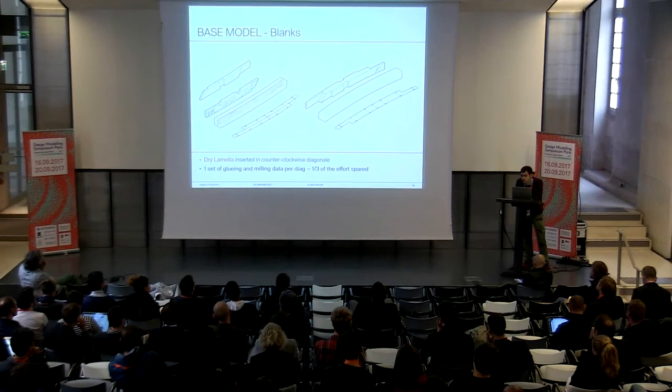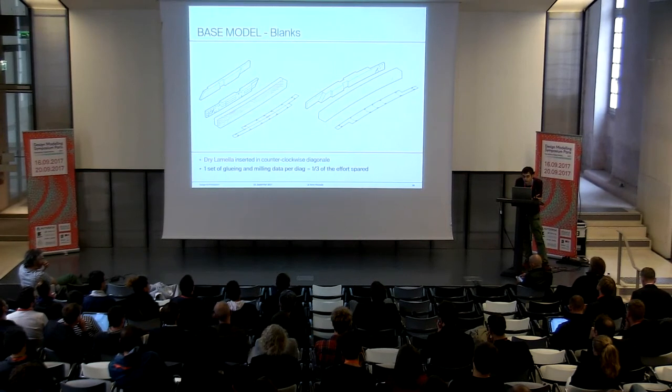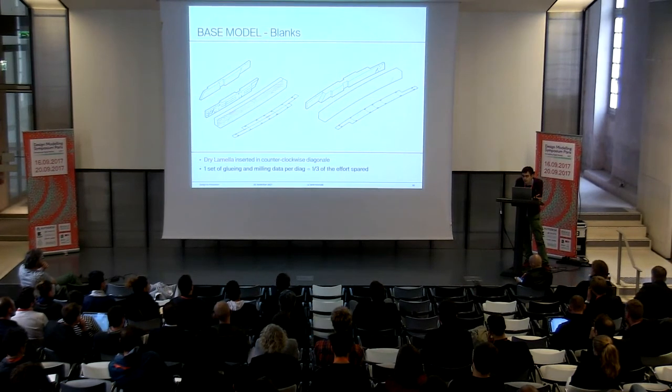And when these details are milled on the CNC bed, the 2 parts separate from each other. And this way, we can use only one set of gluing and milling data, meaning we can spare a third of the global effort. The only restriction then is that the blank middle axis has to exactly follow the piece middle axis, and that the lamella count in height must be an even number in order to place the dry lamella exactly in the middle of the piece.